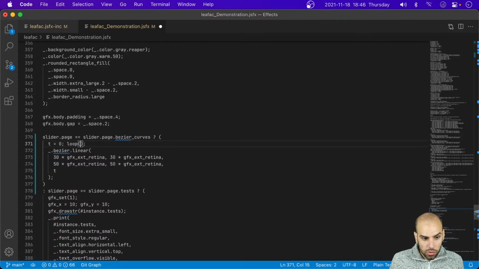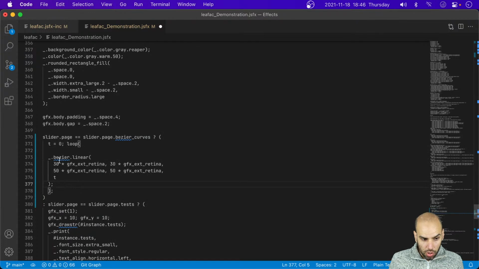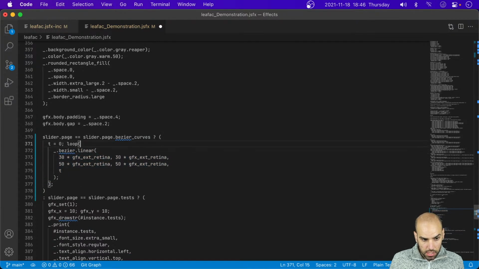And then we are going to loop for a number of times. If we loop more often, so if this number here is a big number, then the curve is going to be smoother in the drawing. And if the number is small, we'll see line segments. You can see some sort of aliasing in the curve.